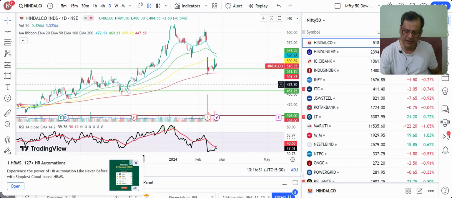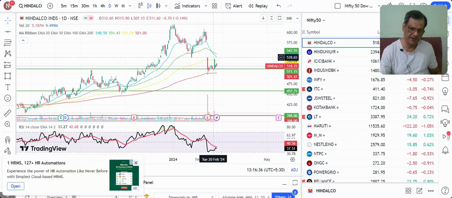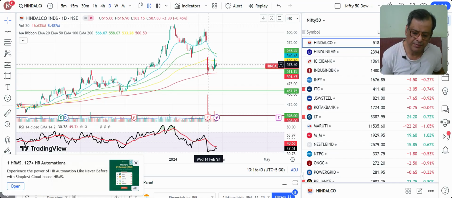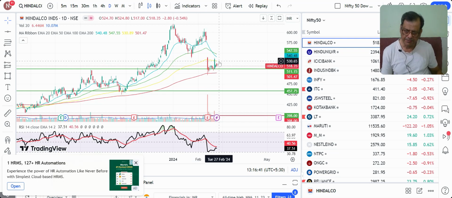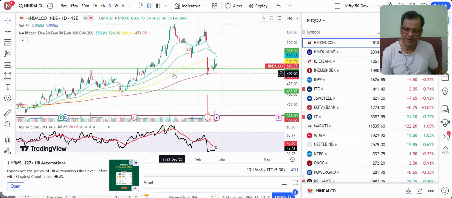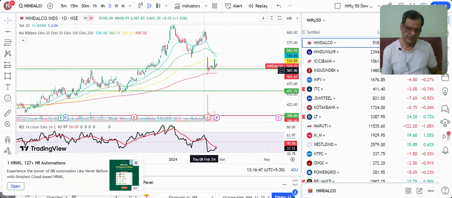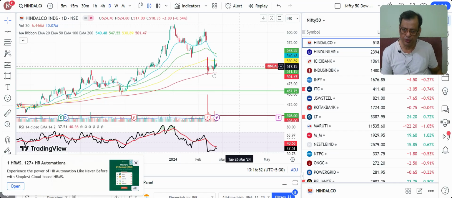If you have multiple touches where prices are failing to go up, and prices above the support zone are failing to go below, then this is a very powerful support line.